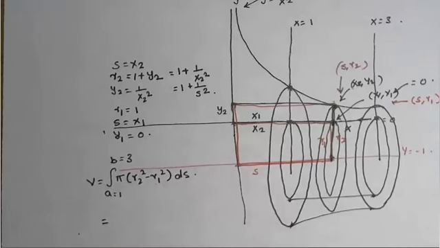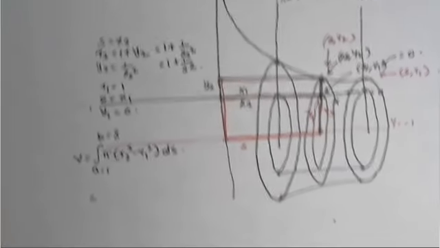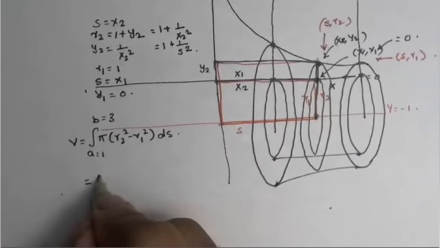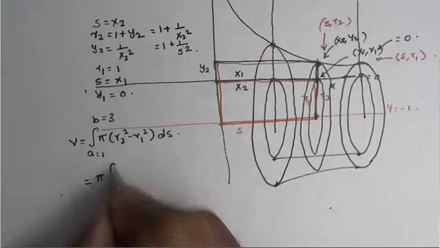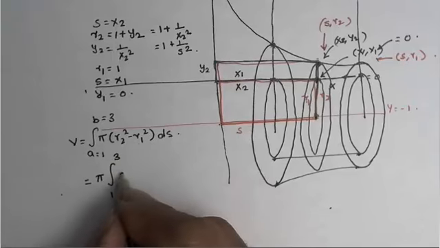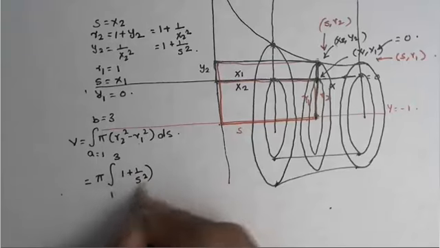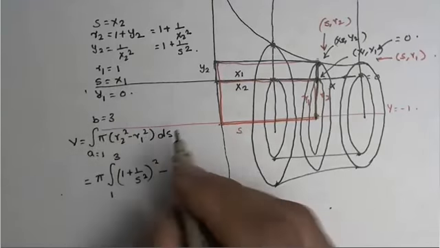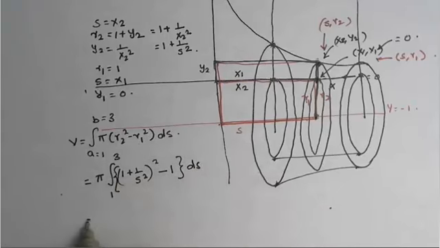So the volume equals, I'm going to pull pi out, the integral from 1 to 3 of (1 plus 1 over s squared) squared, this is r2 squared, minus 1 squared, which is just 1, ds. And all we have to do now is to actually evaluate that integral.